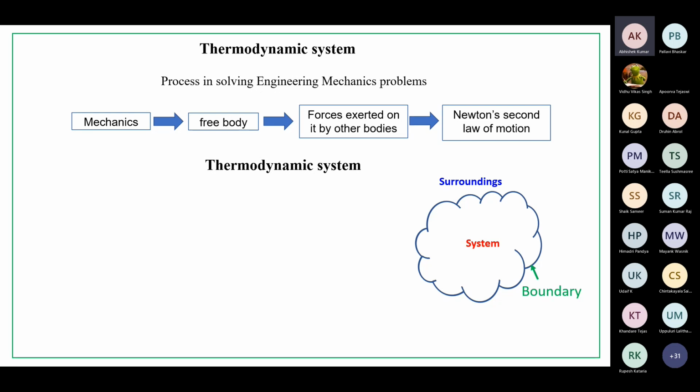That compound wall is the boundary. The space inside is the system. Beyond the compound wall, everything outside is surroundings, like neighbors. Same philosophy, nothing great. This is the system, this is the boundary, this is the surroundings.